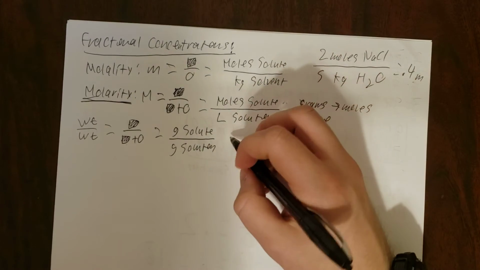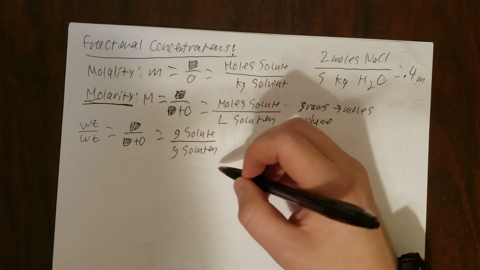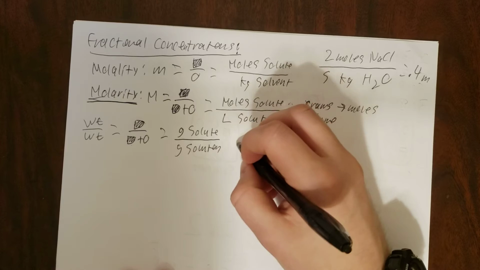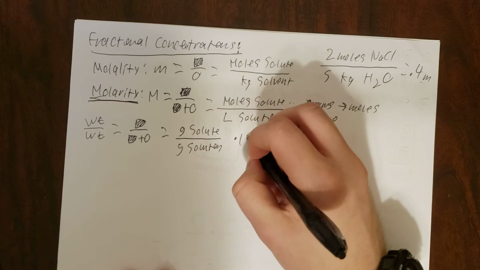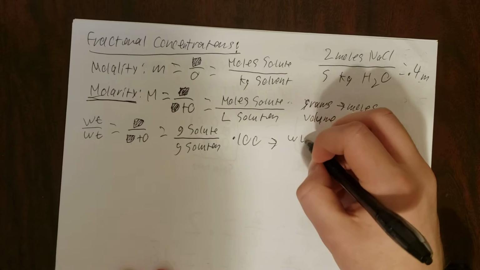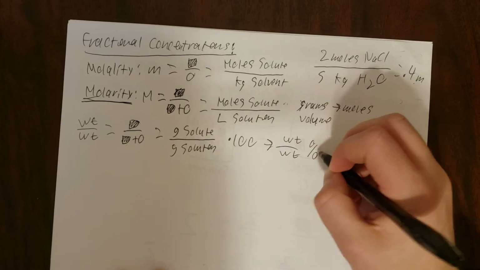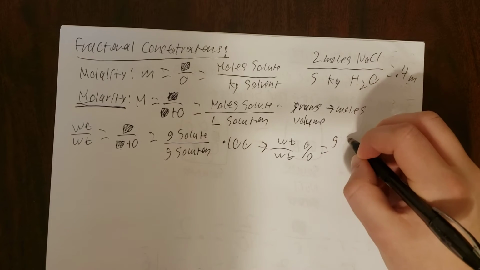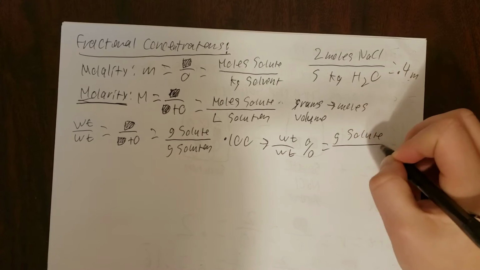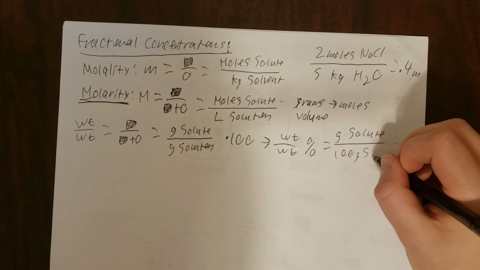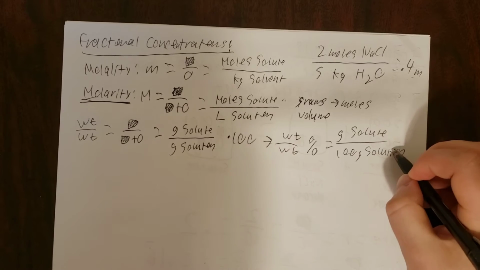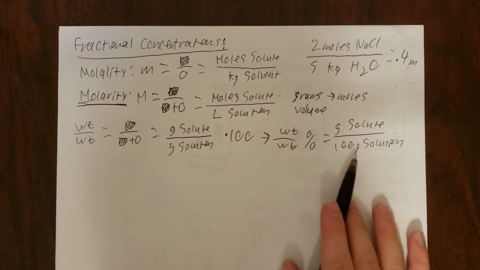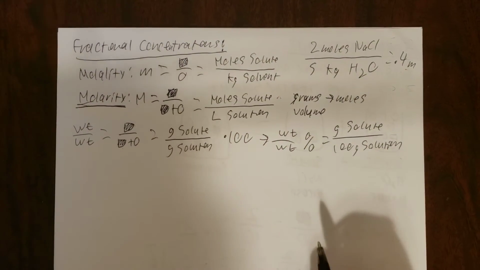So this would be something where if you knew the weight of both of them, then similarly if you took this ratio and multiplied it by 100, you get the weight percentage, which gives you the number of grams of the solute per 100 grams of solution. This is very helpful when you're going over empirical formulas, things along those lines.